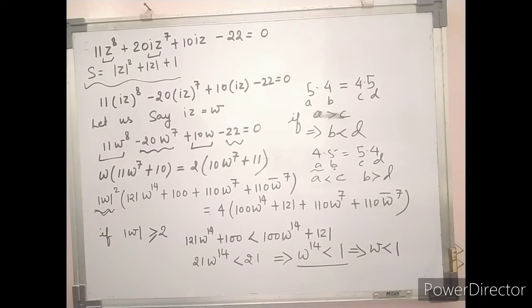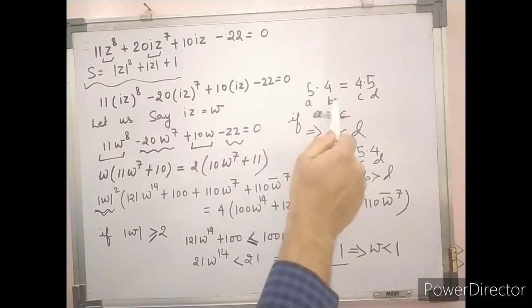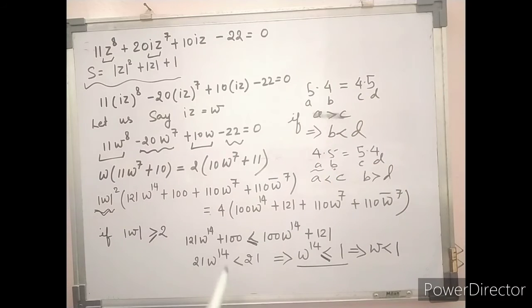This implies that W is less than 1. And one more thing we can write here, if we are taking here greater than equal to, then we are free to choose less than equal to here 2, okay, here 2 we can put it. Why? Because it may be a condition, no, when A and B are equal and C and D are equal. So incorporating that particular thing here, we can install the equality sign. So W is less than equal to 1.